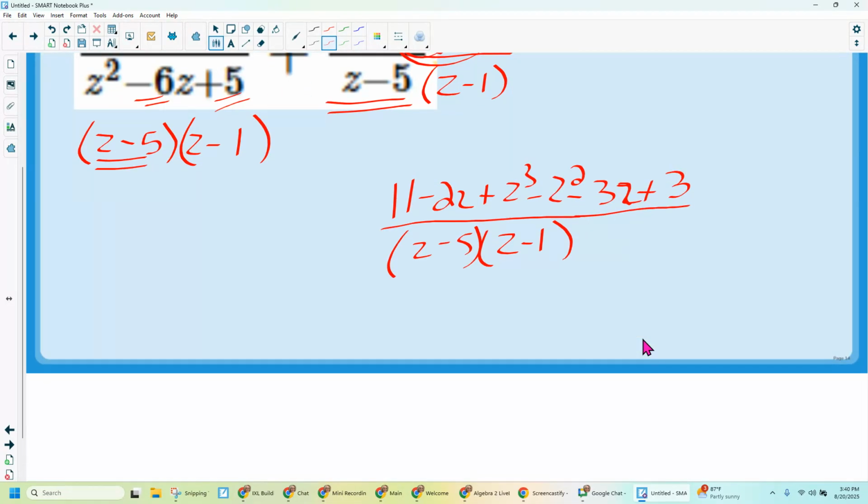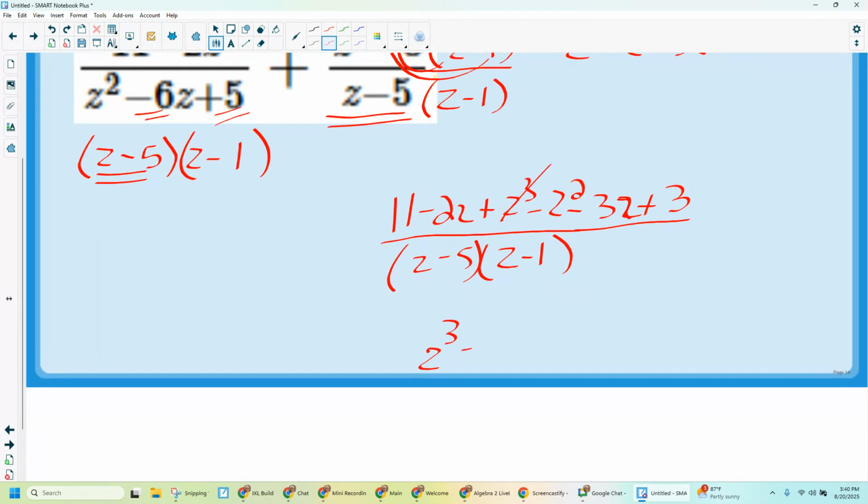What I have to do now is combine the like terms in the numerator. I'm going to do my largest one first, z cubed, minus z squared, and then I have negative 2z and negative 3z, which is negative 5z.